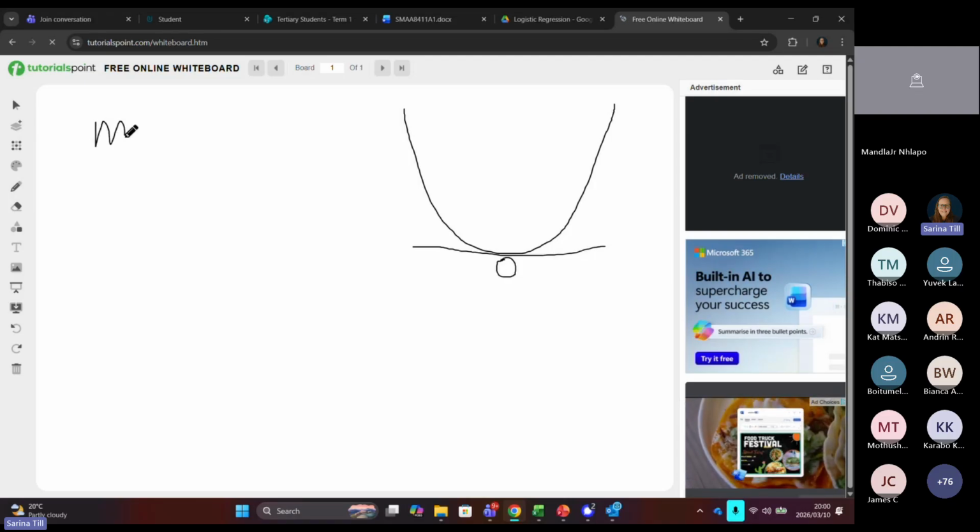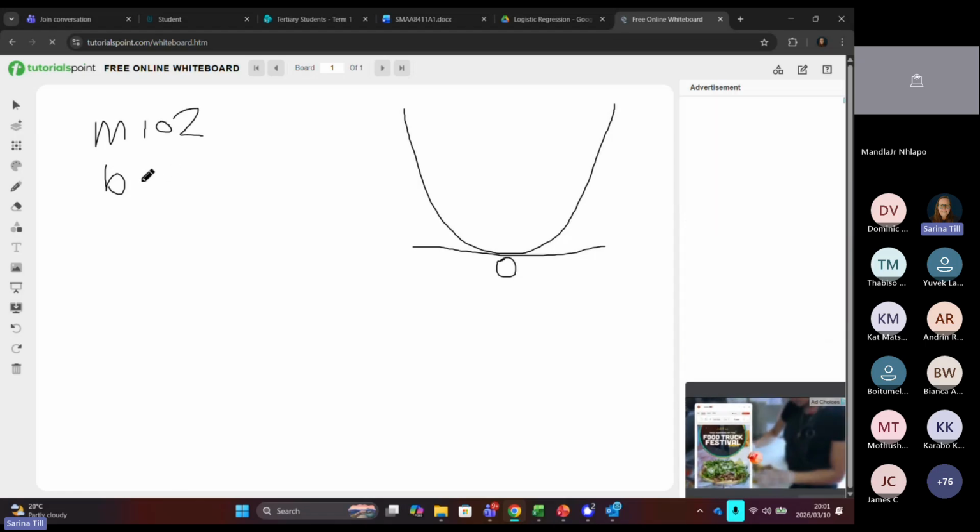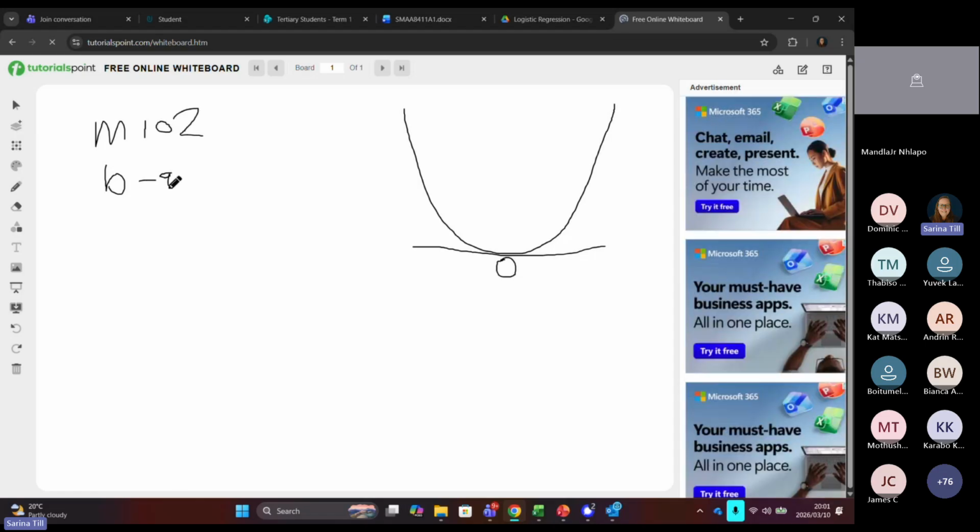So we come out with an initial M and an initial B. This was 102, and this one was minus 900 something. I don't have the correct values. So this is the initial guess. Through gradient descent, we need to slightly tweak this over and over again until we get to the best chance.